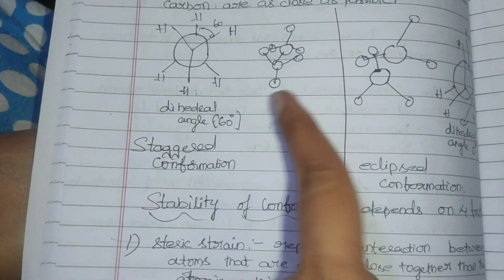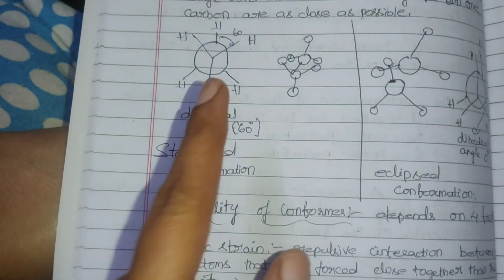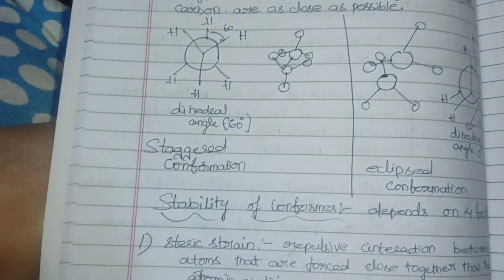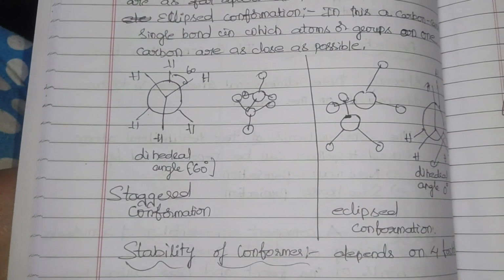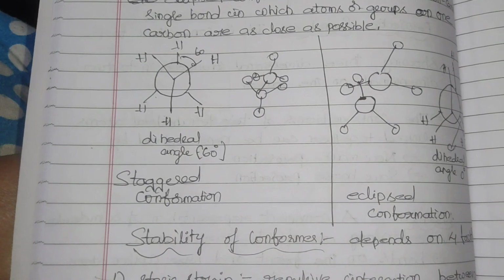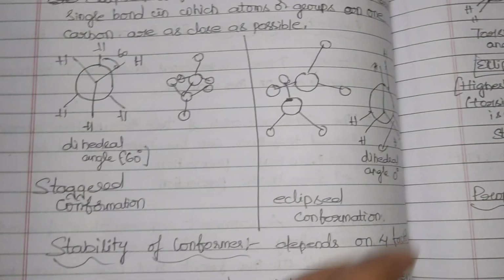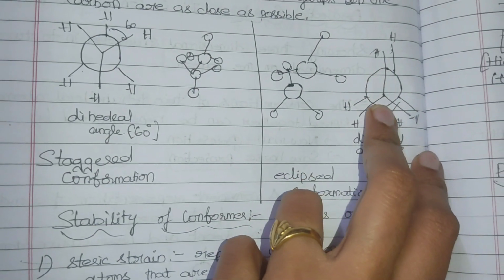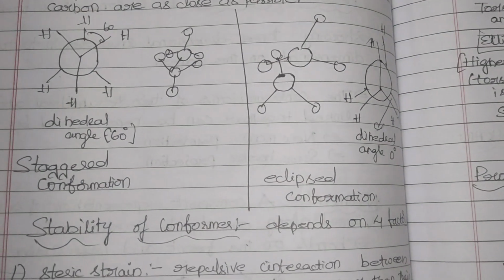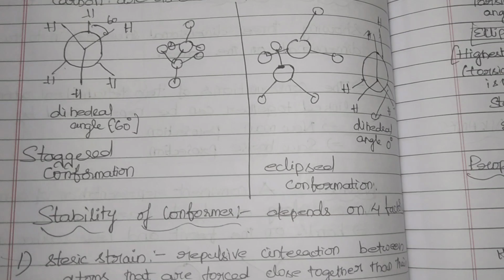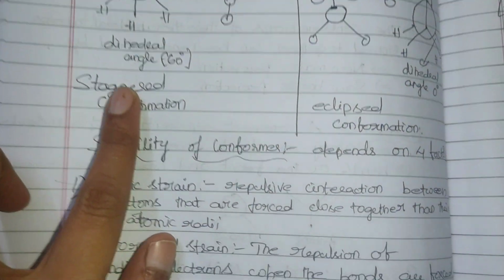We know that the staggered form is more stable than the eclipsed form. Why? Because the carbon atoms are as far as possible, so the repulsion will be less. But in eclipsed conformation, because the carbon-carbon bonds are very near, there will be more repulsive force. That's why it is not as stable as the staggered conformation.